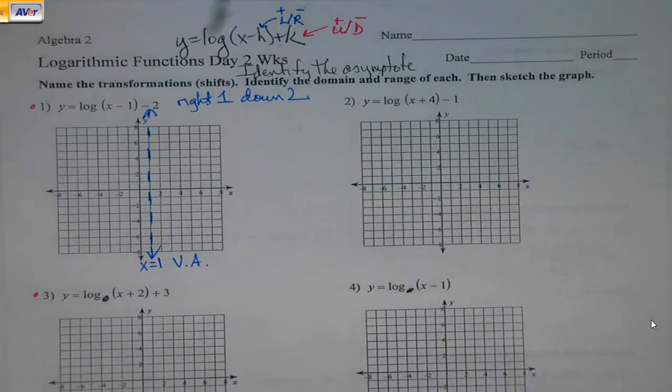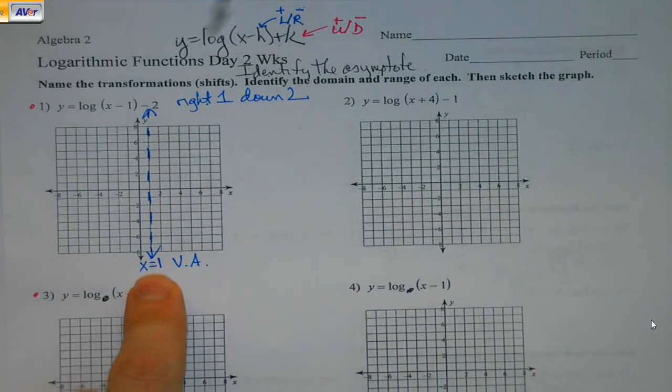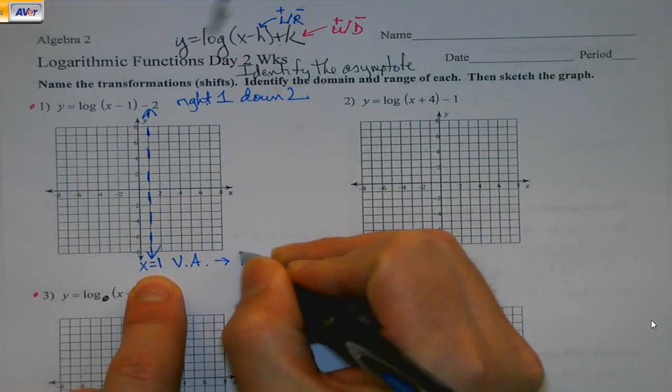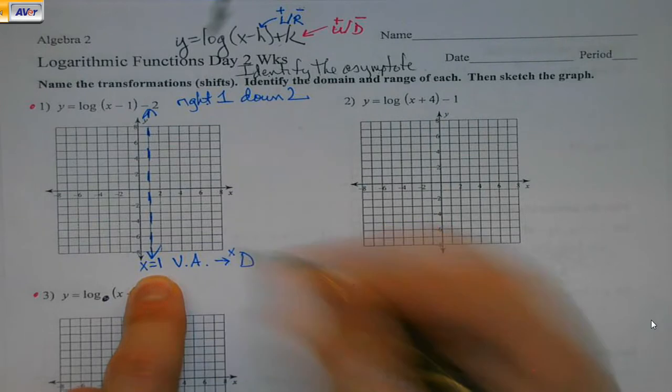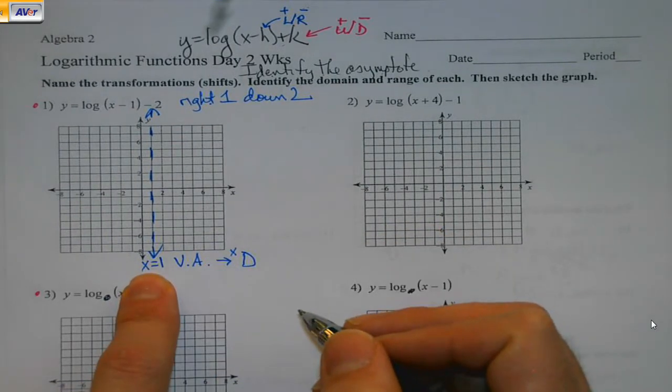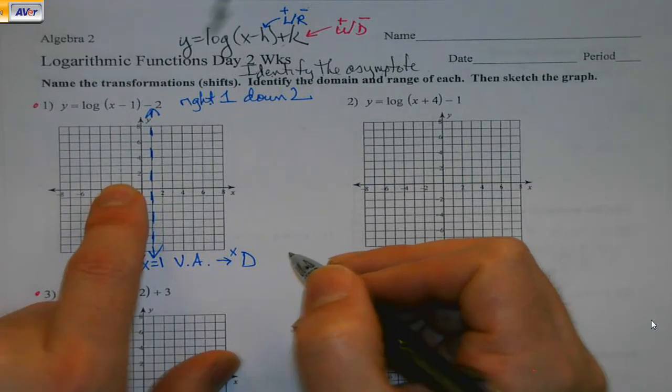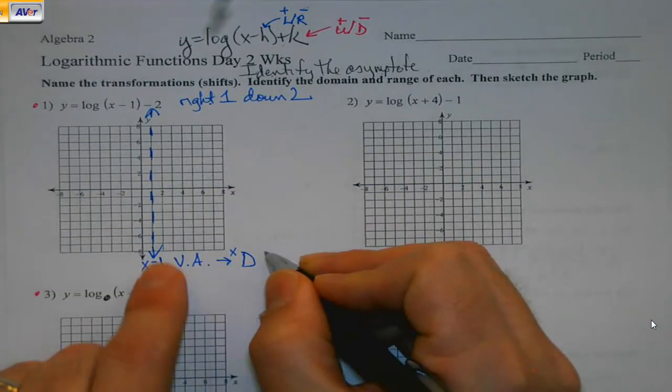Okay, our domain and range, actually, we've got to kind of remind ourselves, okay, now how's that work again? Remember, we got a direct connection between our vertical asymptote and our domain. Why? Because domain is x values, and so is my vertical asymptote. So my domain normally is 0 to infinity, but it moved.